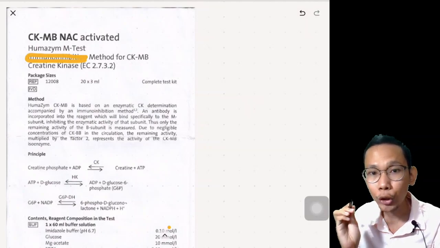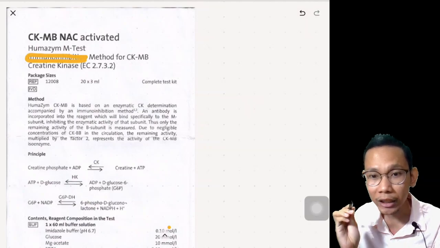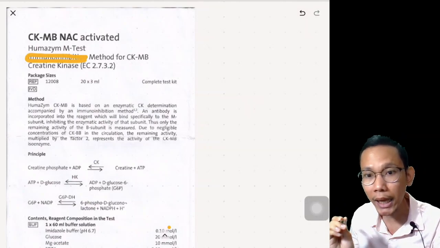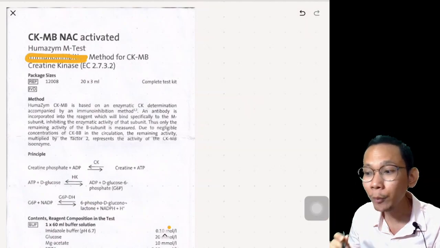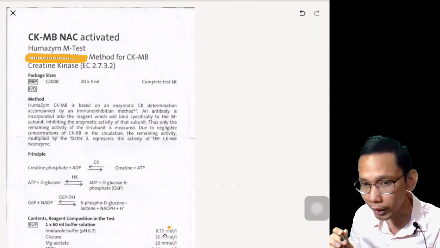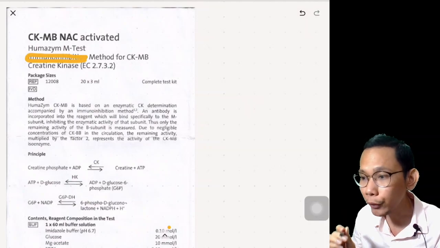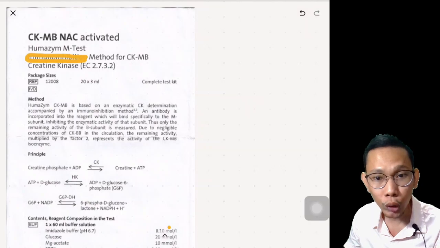But remember, your CKBB is negligible. Konti-konti lang siya sa blood natin. So technically, ano pa rin ang na-detect is your CKMB. You multiply that by the factor of 2. So ito yung enzymatic principle of your CKMB NAC activated test using your immunoinhibition.